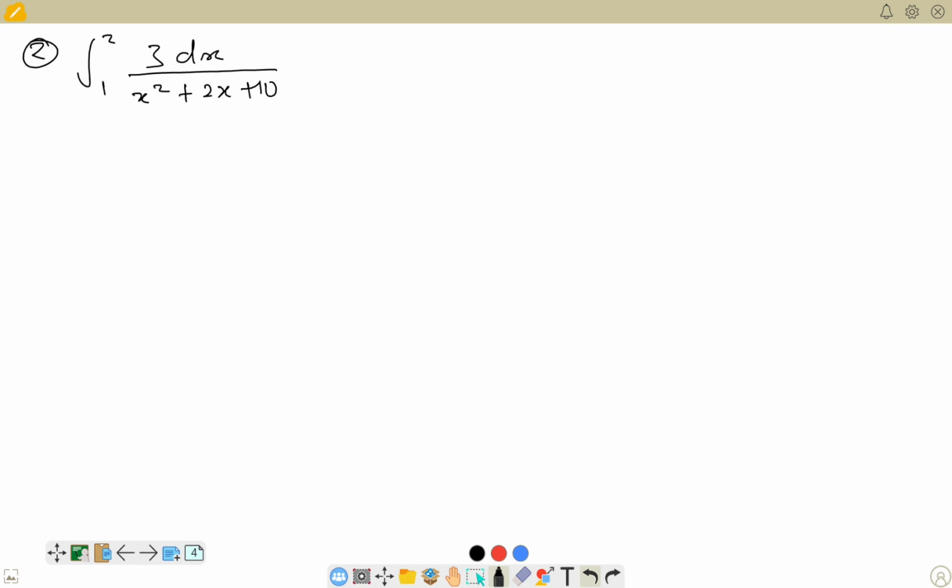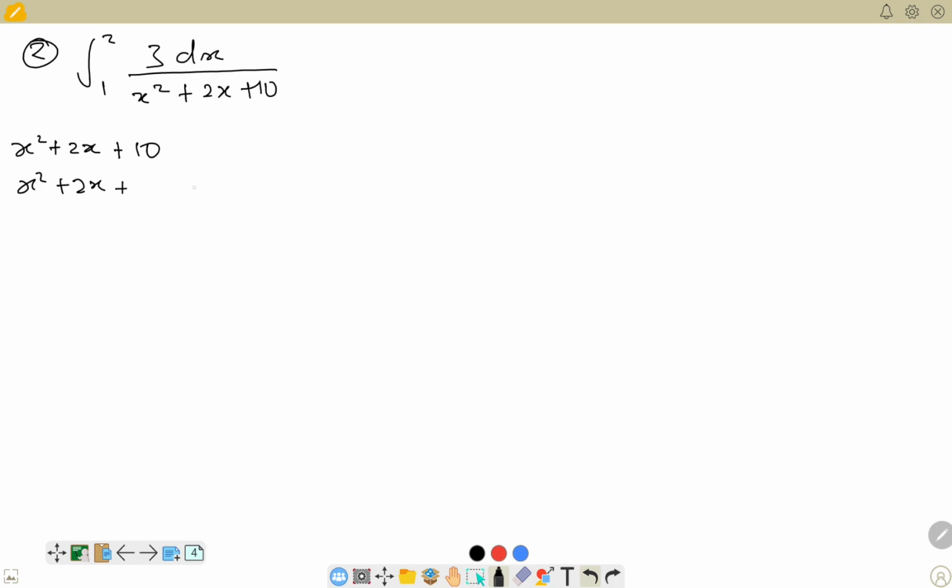So if we complete the square like we did in the previous example, let's take this one and complete the square separately. So we'll have x squared plus 2x plus 10. Then we'll have x squared plus 2x.